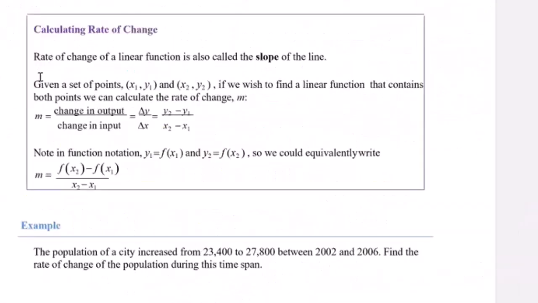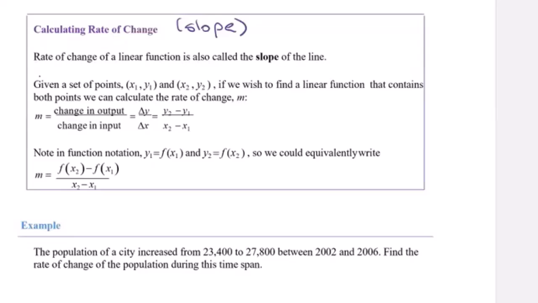Now we're going to learn how to calculate the rate of change. What is another word for the rate of change? Slope. And that's exactly what the next sentence says. And if you remember, we have an equation for slope. It's given here as the slope is equal to the change in output divided by the change in input.